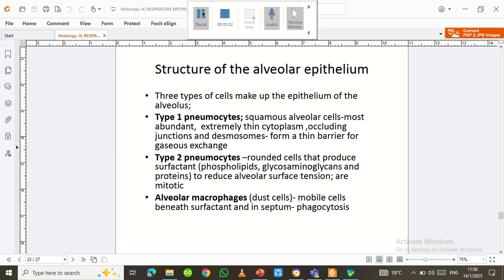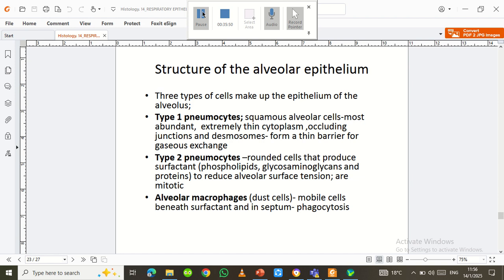One, the secretion of surfactant. Two, they are mitotic, which means they are the ones that replace the type 1 pneumocytes if they are worn out. And then we have alveolar macrophages.